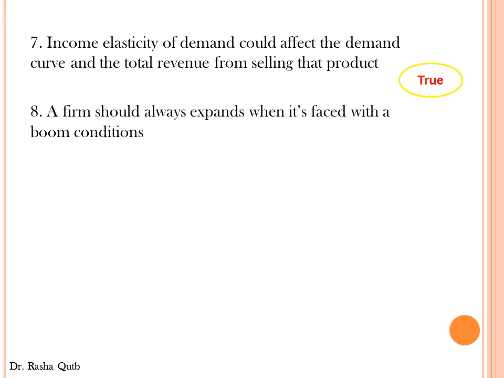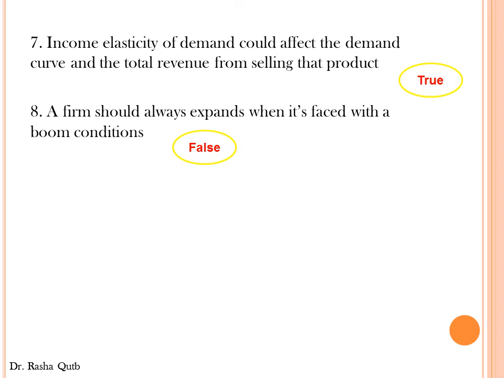Number 8, a firm should always expand when it's faced with boom conditions. This sentence is false, and we can say that the firm has to consider the income elasticity of demand of the product being produced and sold by the firm.